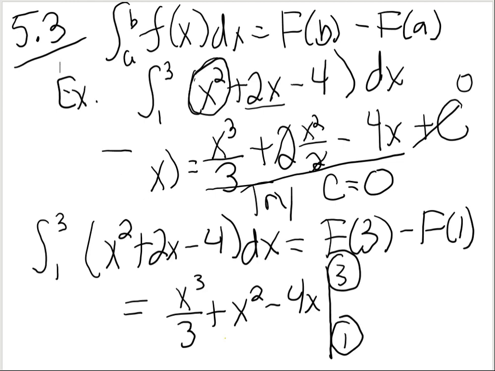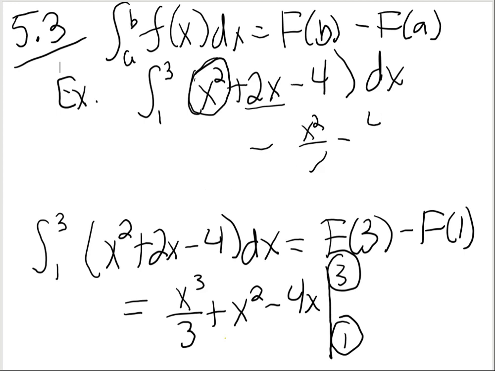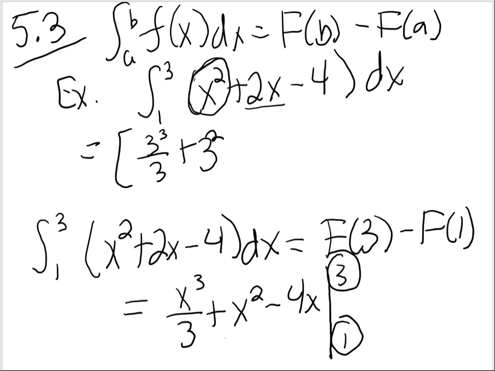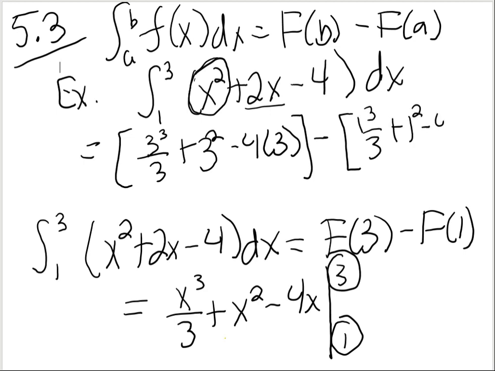The first term is 3 cubed over 3 plus 3 squared minus 4 times 3. Then, putting big parentheses to remember to distribute the subtraction, 1 cubed over 3 plus 1 squared minus 4 times 1.